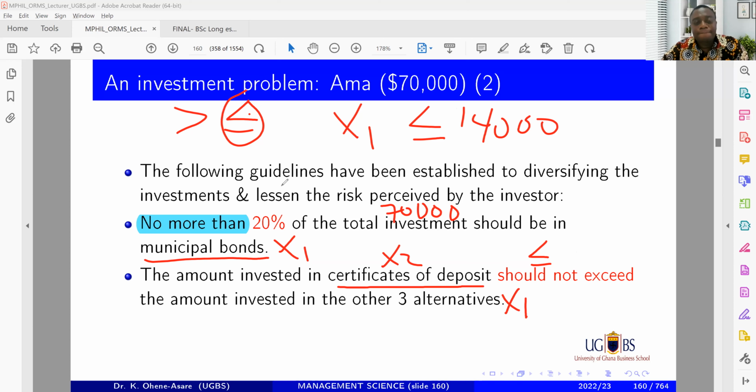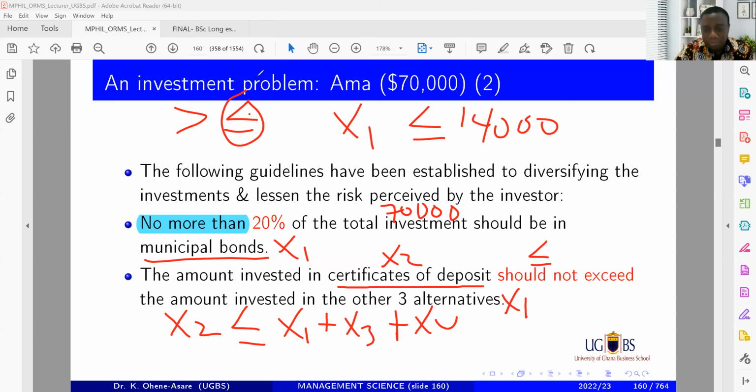You can tell me. Having broken it down. Sheila. Okay, sir. So it's going to be X2 less than or equal to X1 plus X3 plus X4.